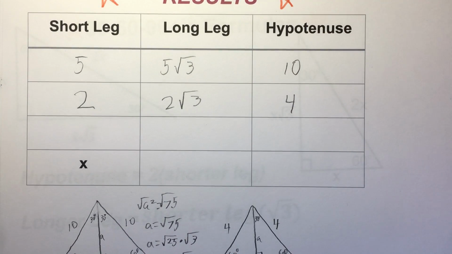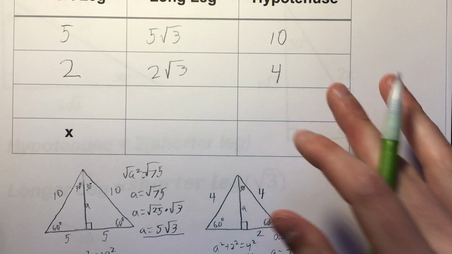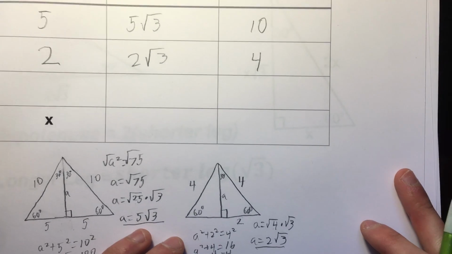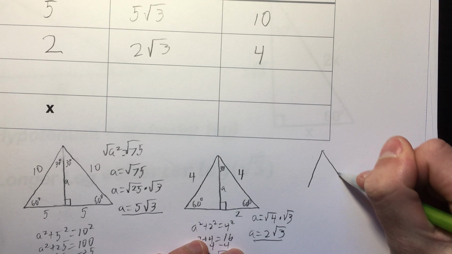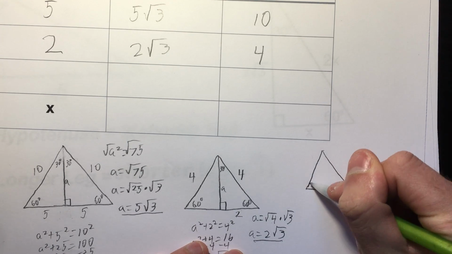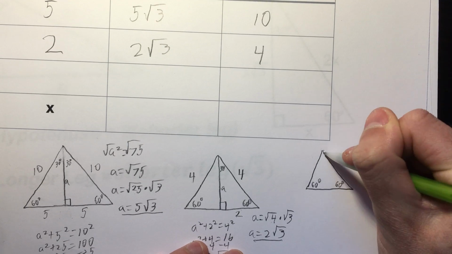Do you guys notice a pattern yet between the short leg, the long leg, and the hypotenuse? Maybe you do, maybe you don't. Let's try one more, just to be safe, and see if the pattern continues. So let's draw one more equilateral triangle. And again, this is going to be 60 degrees. This is going to be 60 degrees.